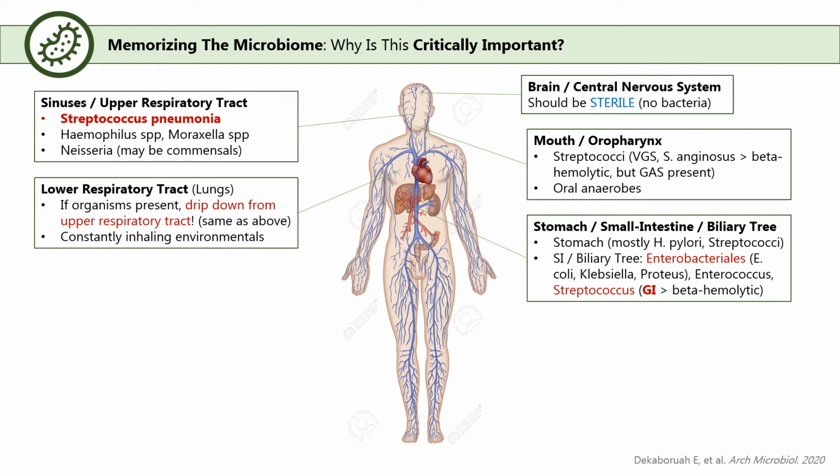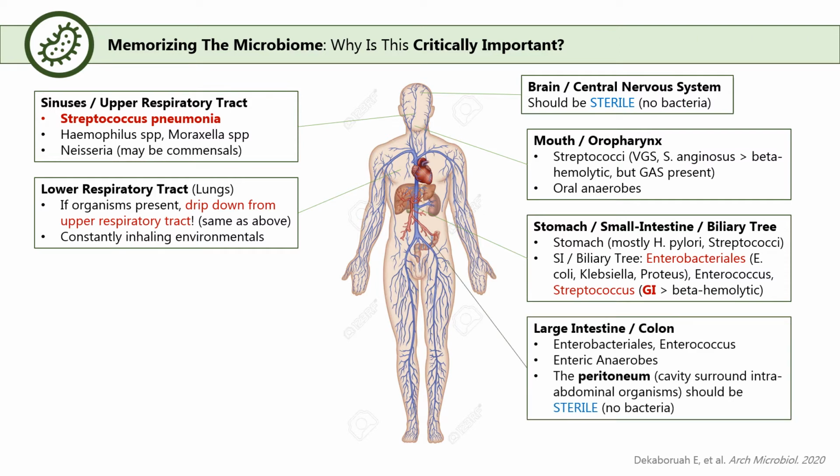In our large colon, since the amount of oxygen has gone down, we see more colonic or GI anaerobic bacteria, but still see our Enterobacterales and Enterococcus. Notably, the peritoneum, which is the visceral cavity containing many intra-abdominal organs, should be sterile, but can be infected.